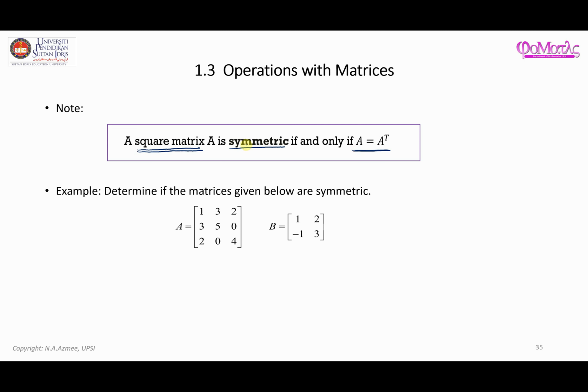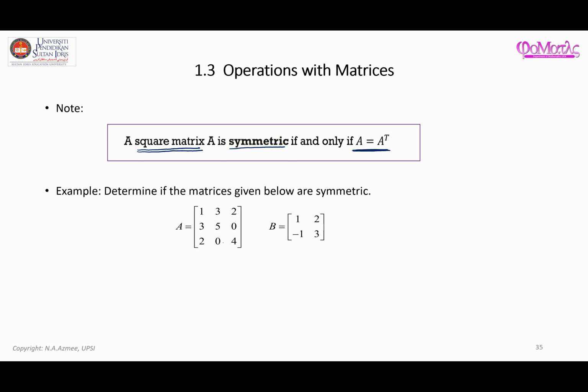So if you want to know whether it's symmetric, it can only be proven if you are able to show that A is equal to A transpose. Now as an example, here we've got two matrices, A and B, and you have to determine whether these matrices are symmetric or not.